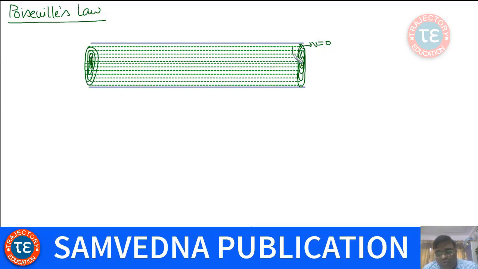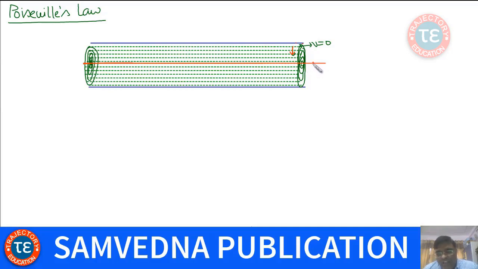And as you go towards the axis, suppose this is the axis, the layer of liquid near the surface of the tube will be stationary, and as you move in this direction the velocity of the liquid layers will become faster and faster, and at this point the velocity will be highest.